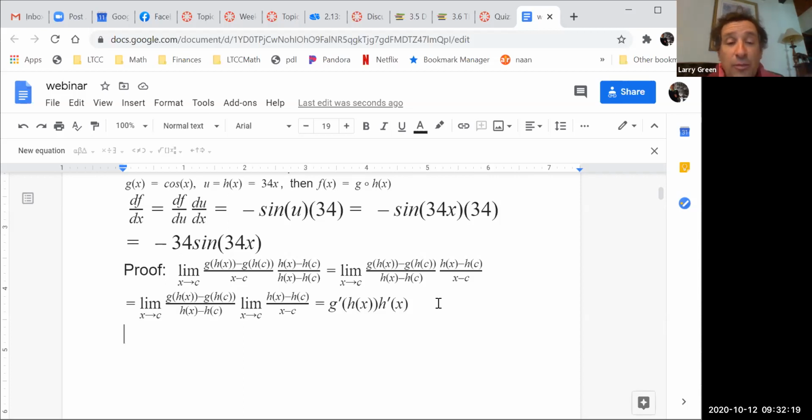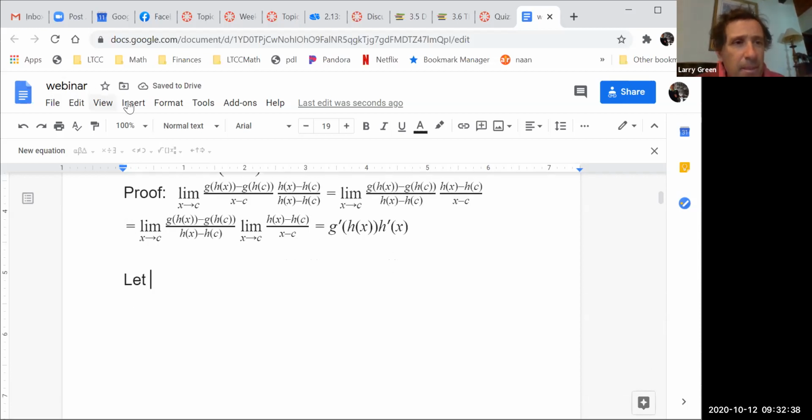Okay, so at this point, the great news is that other than exponentials, we could take a derivative of anything now. So let's just do an example. How about let f of x equal the sine of the cosine of x. And the question is, find f prime of x.